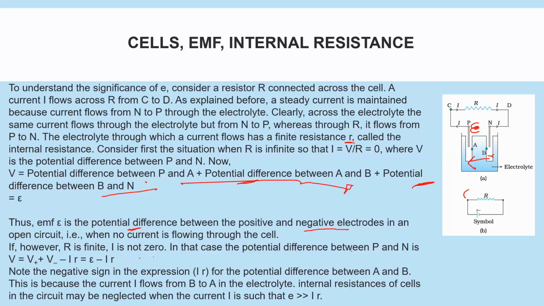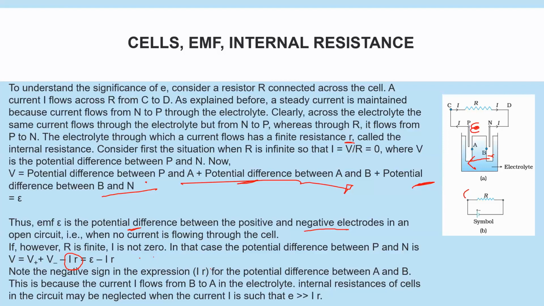In that case, the potential difference V between P and N is given as the difference in the potential of the electrodes minus the voltage drop across the internal resistance of the cell. So the potential difference between P and N is going to be the EMF minus the current times the internal resistance, V equals E minus Ir.